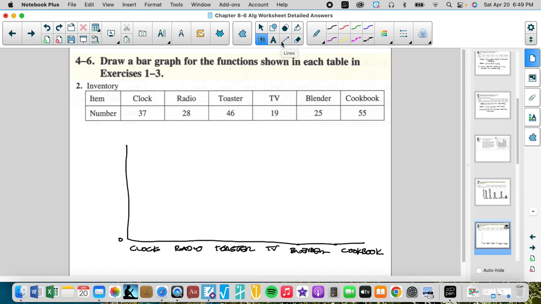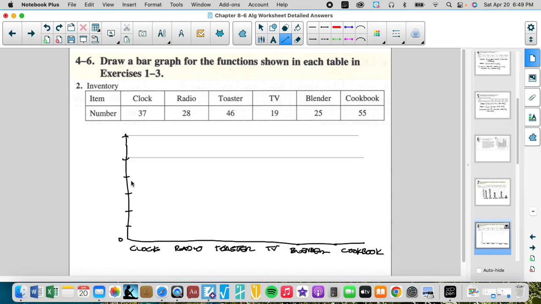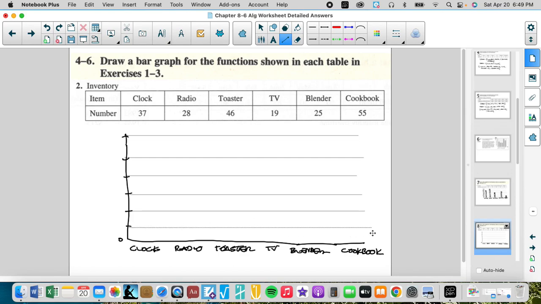Well, yeah, let's do, so our biggest is 55, so 10, 20, 30, 40, 50, 60. I'm going to draw my line first this time. Then I will know that I am on the right cue. Okay, so let's do clock.